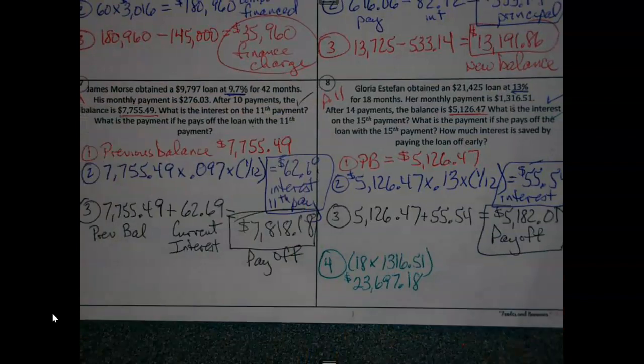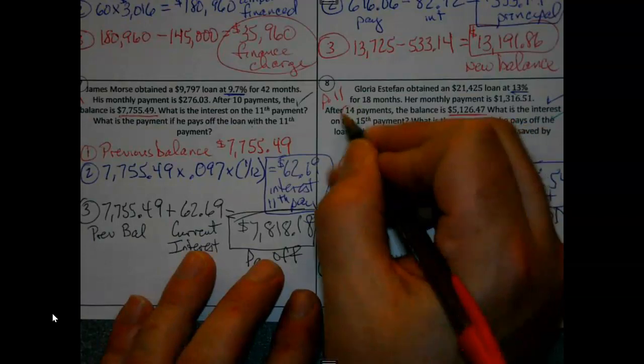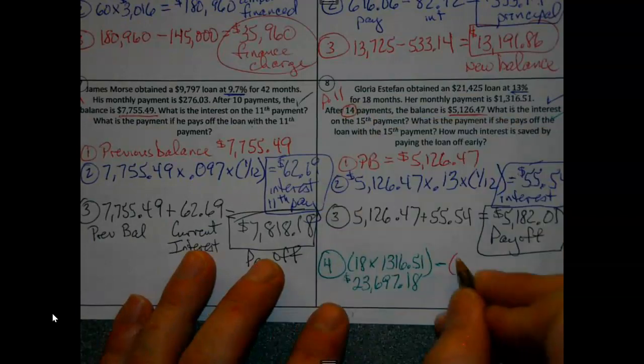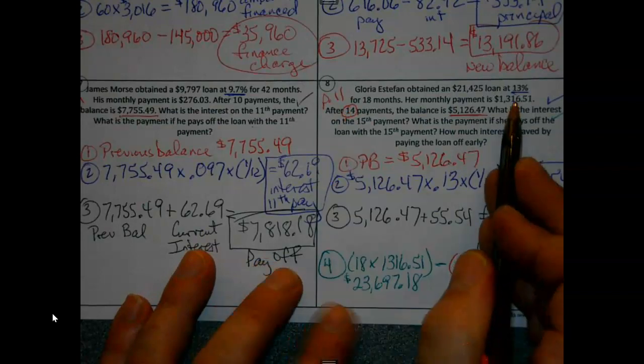Then I have to subtract the sum of my previous payments. You're like, okay, so what does that mean? I'd made 14 payments so far, and I'd paid this every month.